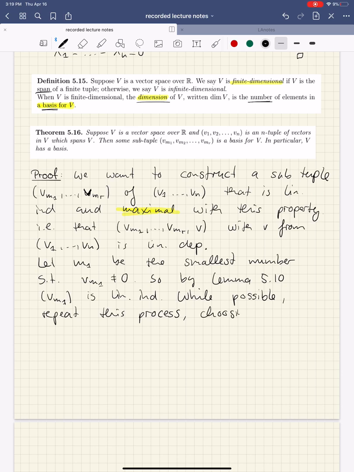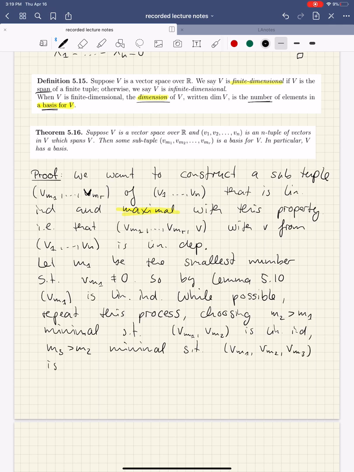So I'm choosing m2 greater than m1, minimal, such that Vm1, Vm2 is linearly independent; m3 greater than m2, minimal, such that Vm1, Vm2, Vm3 is linearly independent, et cetera.